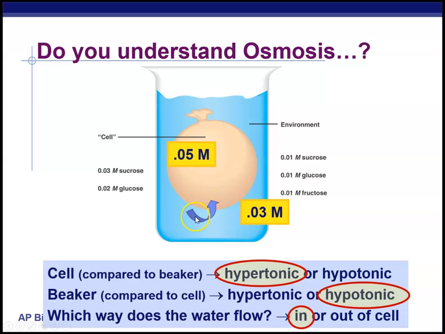Remember, water likes to act like it has a brain of its own and move to where it can dilute out all these solutes inside this cell. So what's going to happen to the shape of our cell? Well, if water moves in, it's going to grow.